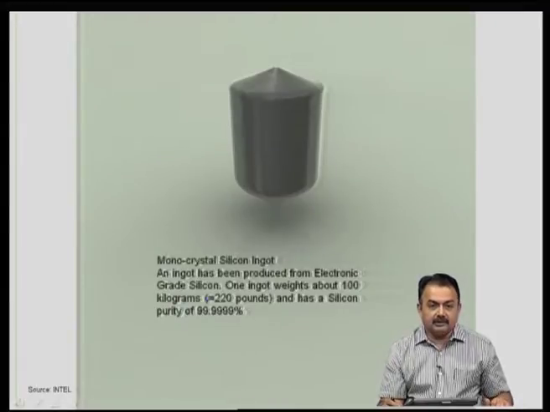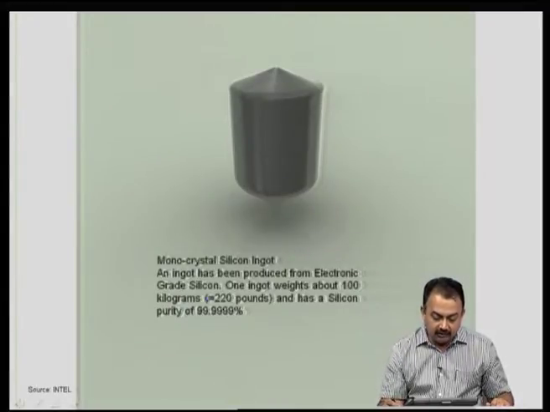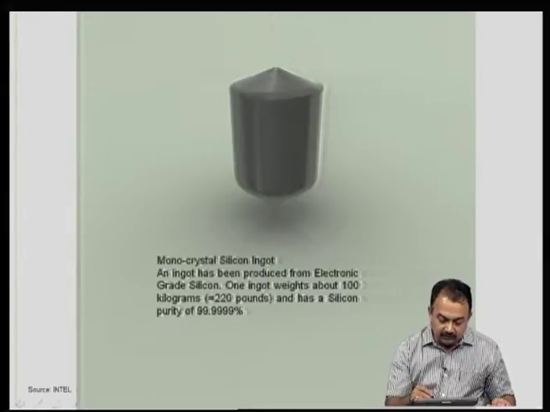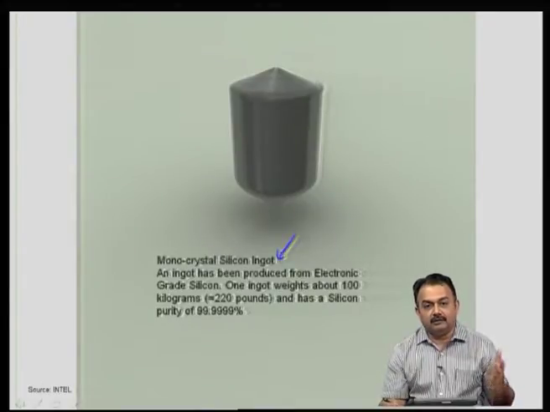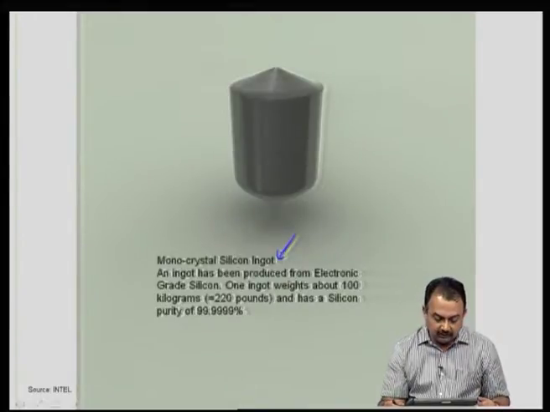As you can see in this picture here, this is a very good example of a monocrystal silicon ingot, material that was molten and then slowly cooled to get a single crystal silicon ingot. Now, this ingot has been produced from electronic grade silicon.